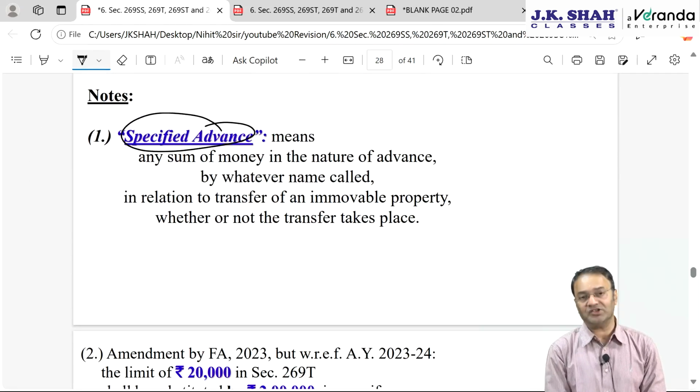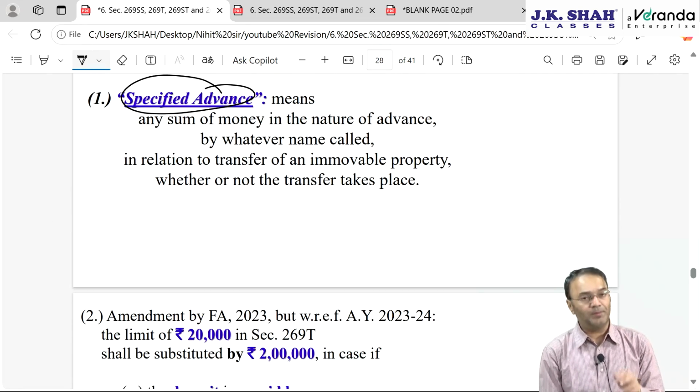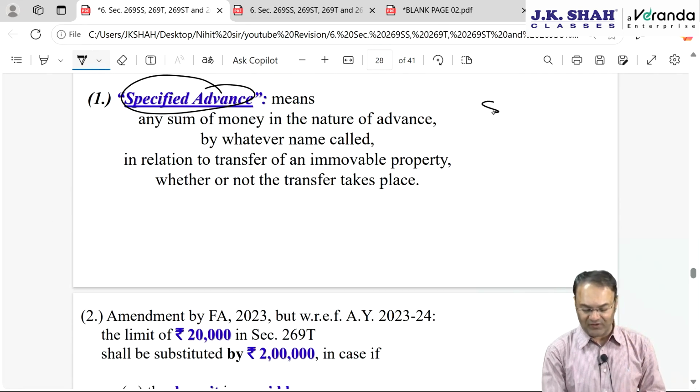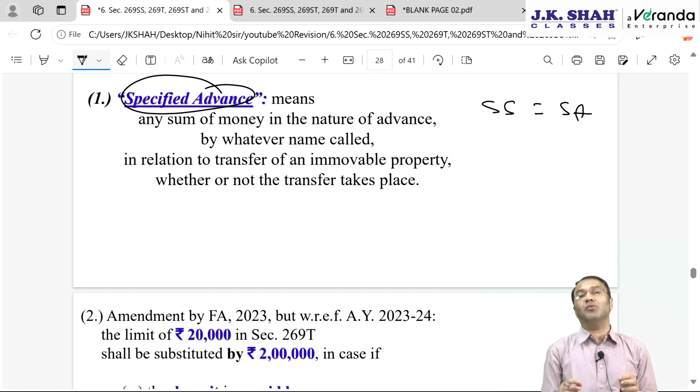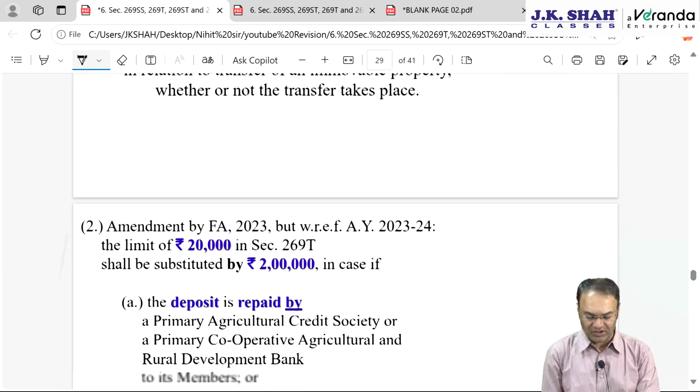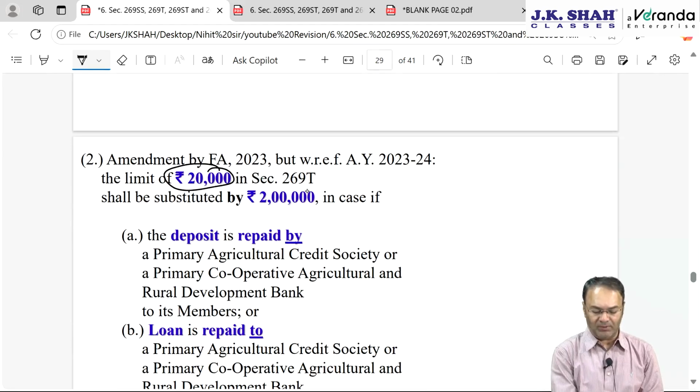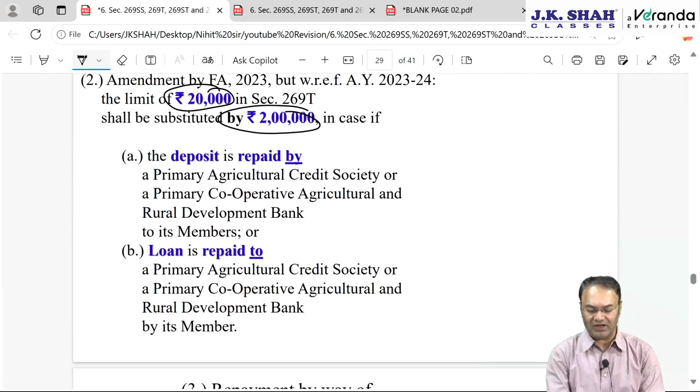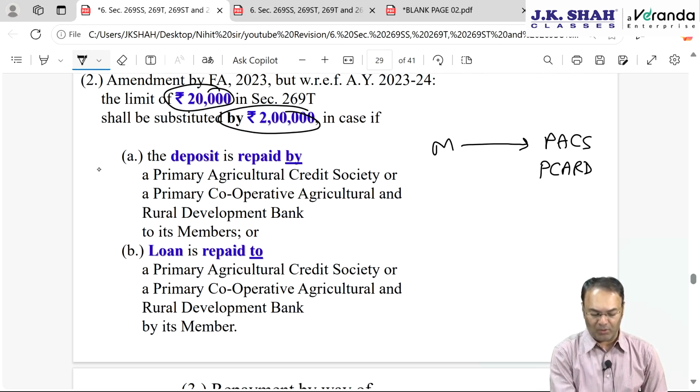Specified advance shall have the same meaning that we discussed earlier in 269SS for specified sum. So specified sum and specified advance are one and the same, but in two different sections the government has used slightly different language. Instead of 20,000 for repayment, the limit will be 2 lakh in case the transaction is between members and PACS, or member and P-card bank. This is totally unimportant, don't try to waste your energy.